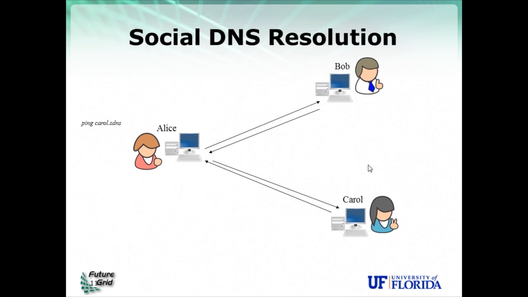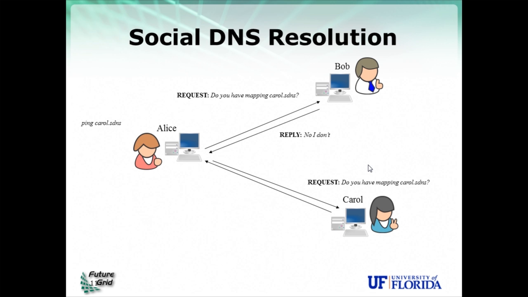So Alice will send a query to her friends and request whether someone has a mapping for Carol in this social DNS namespace, which again is completely decoupled from the physical internet namespace to avoid collisions. So it's not a .com, a .edu, it's a social DNS naming subspace.